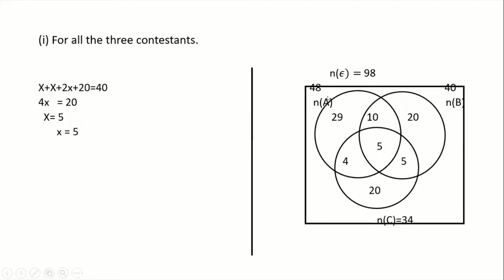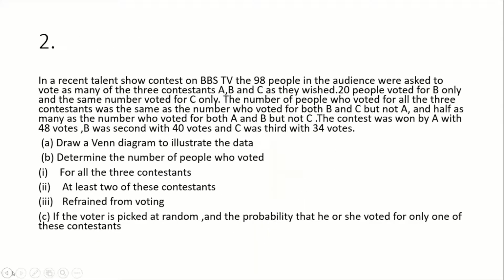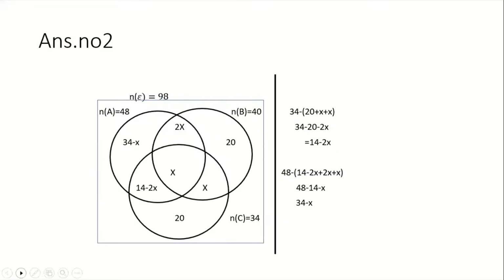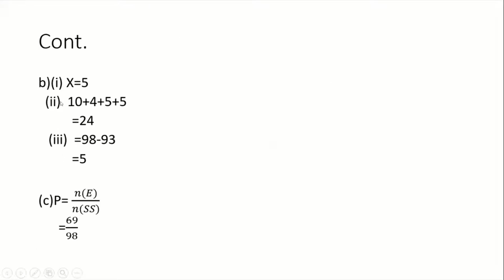These ones, the 29, 20, 20, only voted for 1, but these ones voted for 2 and above. The 10, 4, and 5 voted for 2, and these 5 voted for 3. So when we calculate 10 plus 4 plus 5 plus 5, we end up with 24.